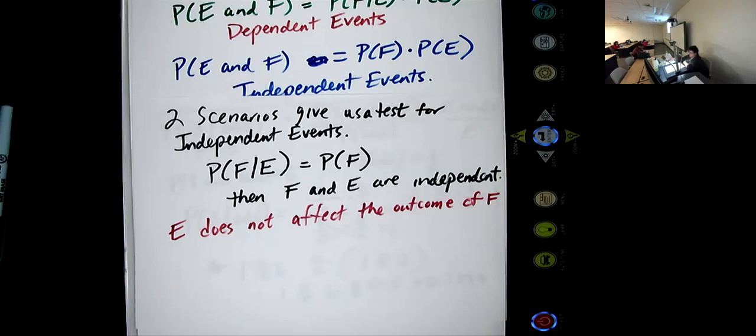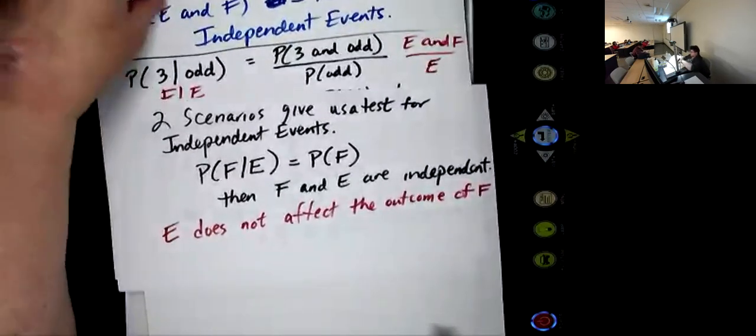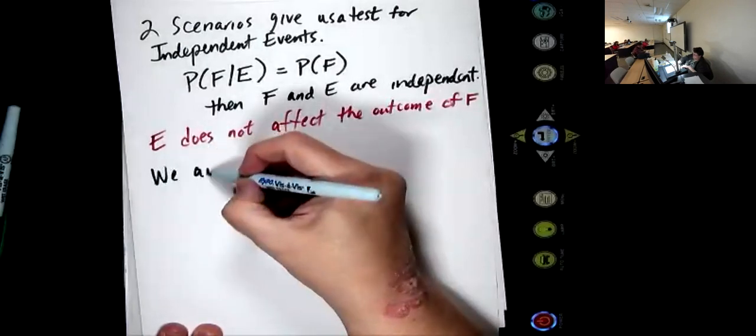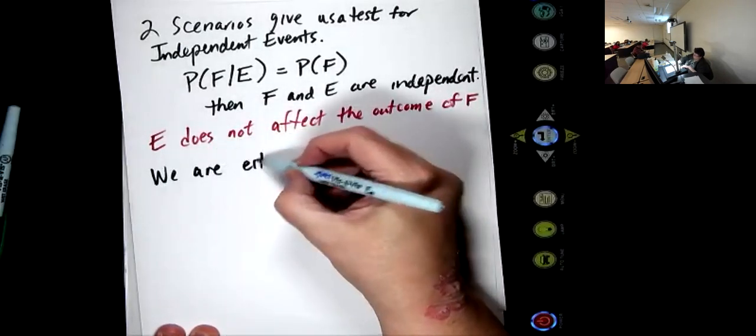Now, there's two ways we're given data. We are either given the probabilities or frequencies.